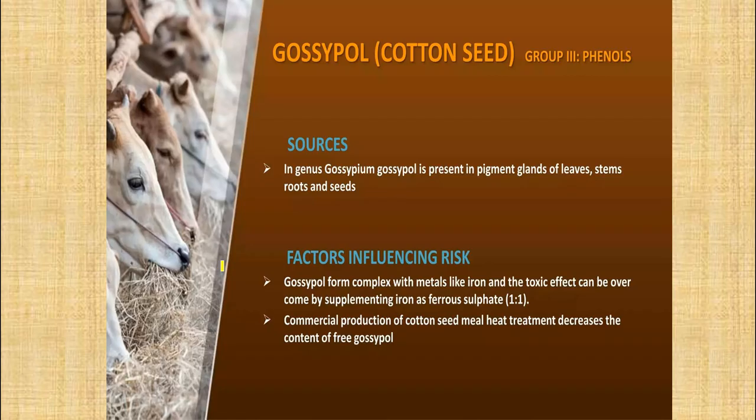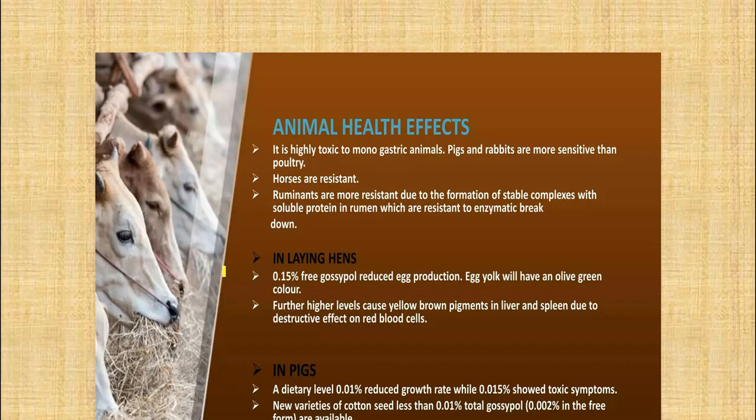Factors influencing the risk: gossypol forms complexes with metals like iron, and the toxic effect can be overcome by supplementation of iron as ferrous sulfate. In the commercial production of cottonseed meal, heat treatment decreases the gossypol content in the feed, or else overnight soaking in water also reduces the gossypol content to some extent.